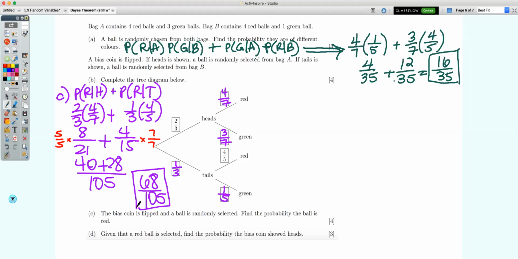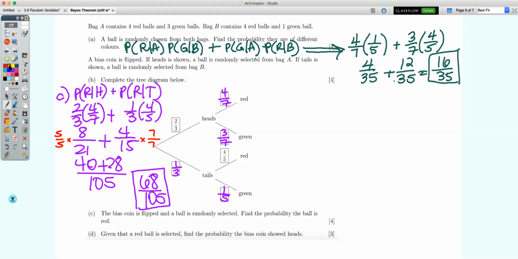Now for part D, it says, given that a red ball is selected, find the probability the biased coin showed heads. This is an example where we can use Bayes' theorem, okay?